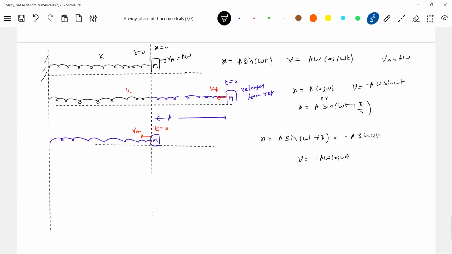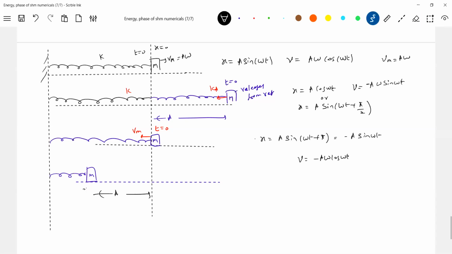Maximum speed. Now, similarly, if a student releases from the left extreme, this will be minus A. I think I need not write this minus A, you'll get confused.